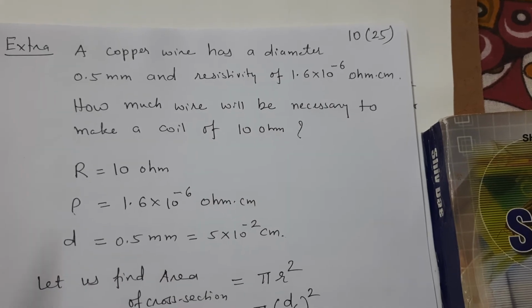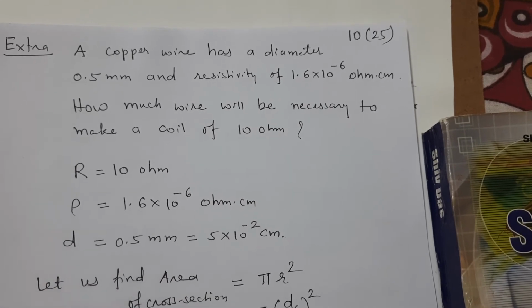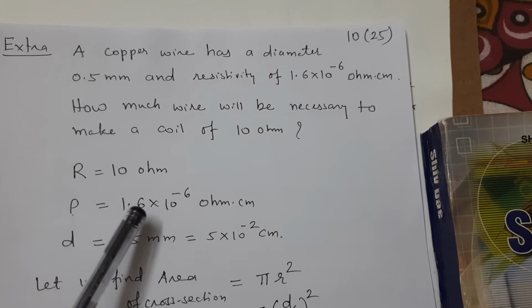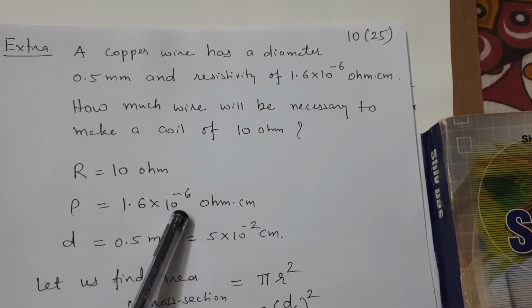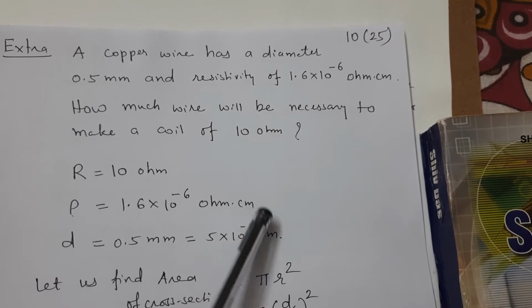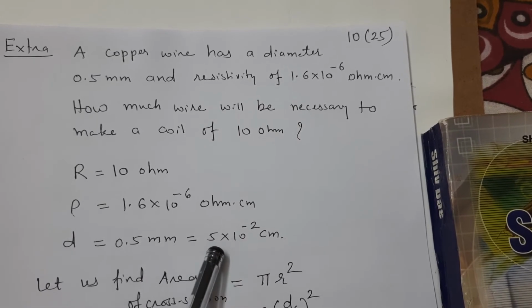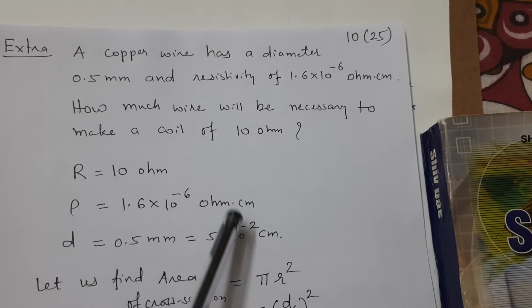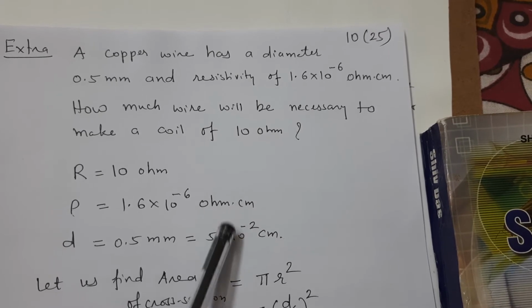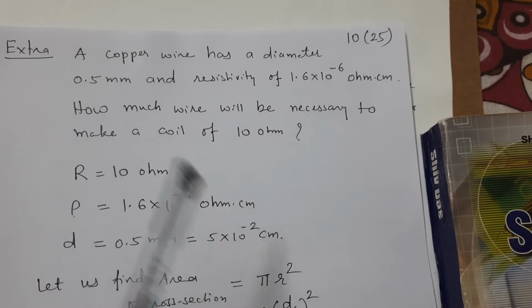So R is given, 10 ohm. Length we want to find out. Rho value is given, 1.6 into 10 raised to minus 6 ohm centimeter, and this D is 0.5 mm. So we have converted into centimeter, because both the units should be in centimeter. We will get the length in centimeter.